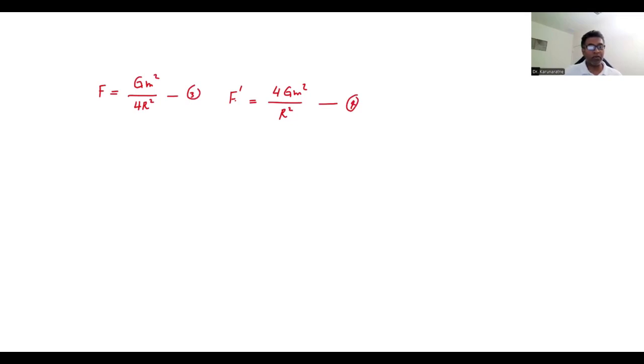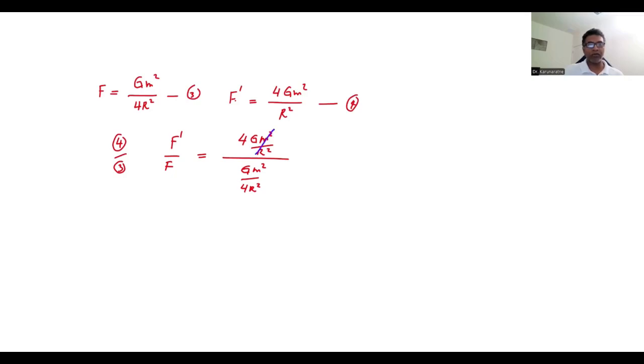I'm going to divide 4 by 3, and then you'll have F prime over F. F prime is 4 G M squared over R squared, and in the denominator I'll have G M squared over 4R squared. You can see G M squared over R squared is common, so they will cancel out.